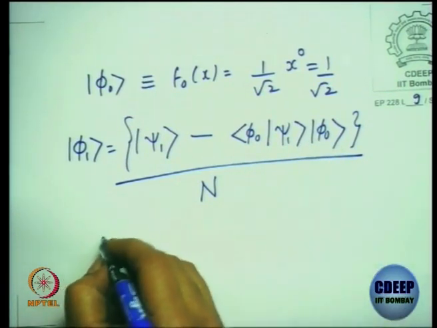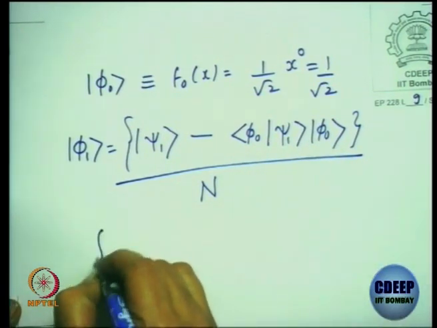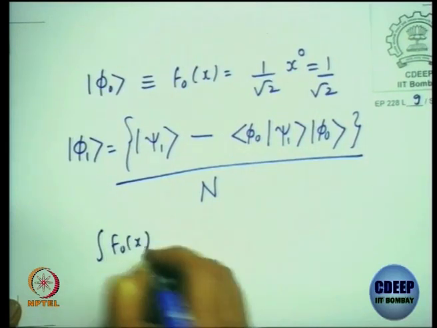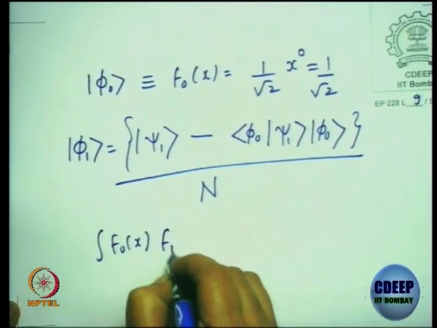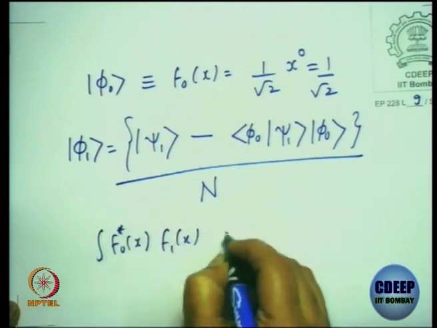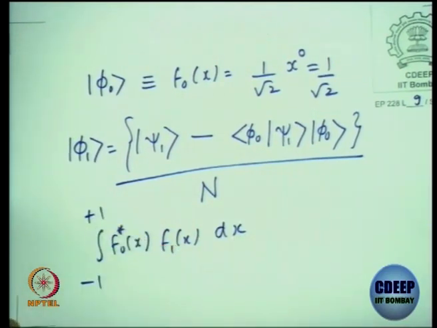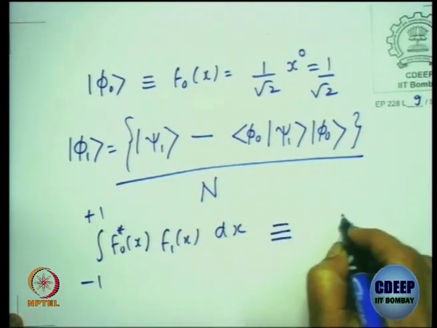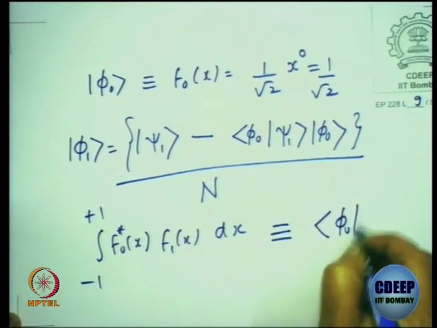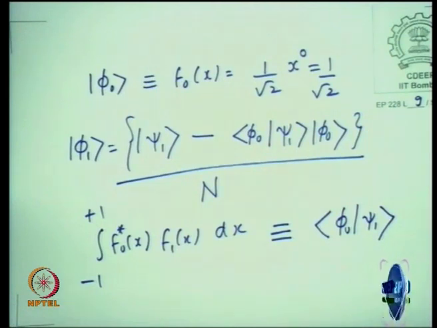Inner product in the function space will be f0 of x, f1 of x star dx between -1 to +1. So this is equivalent to your phi naught psi 1. And what is this going to be?